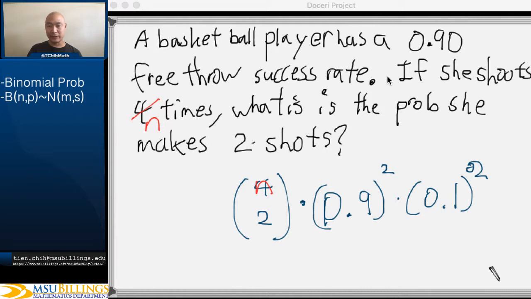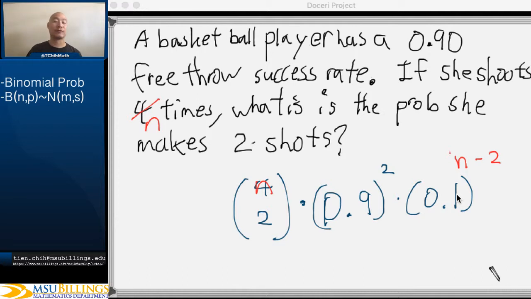She's still going to make 2 shots, so we still have 0.9 squared, right? But now this 0.1, that's going to be to the, sorry, let me move it over a little bit, the n minus 2, right?